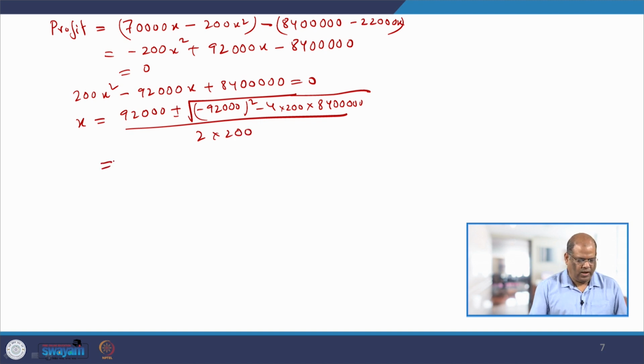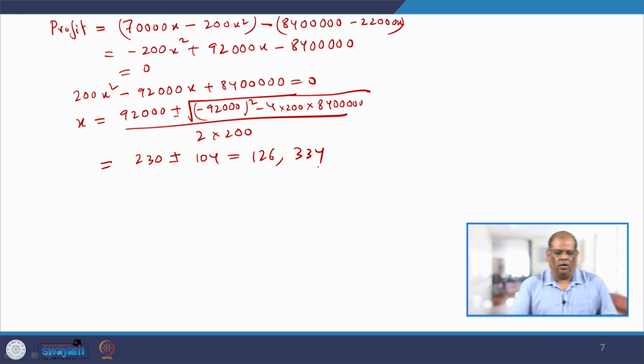And if you solve this, you will get 230 plus minus 104, and the values are 126 and 334. So, for x equal to 126 or 334, your profit will be 0 and hence you cannot choose these values.